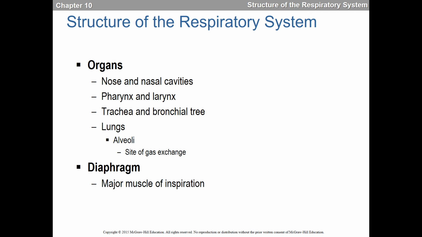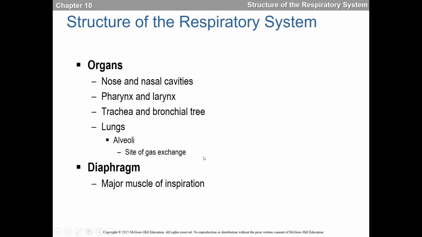Now, with the overall structure of the respiratory system, I'm not all that interested in you knowing all of this: the nose, all of those mucous membranes, the pharynx, larynx, trachea, all of that. The main things that I want you to know are alveoli. That's the main site of gas exchange.